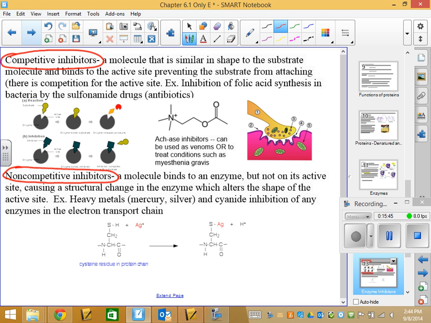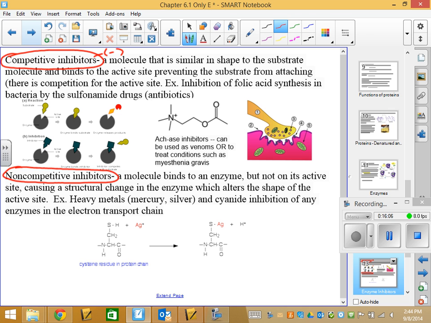The first kind of inhibitor is a competitive inhibitor. An inhibitor by nature is something that's not going to help an enzyme. So all inhibitors are going to reduce the function of an enzyme. What we're going to specify is how they're doing that.